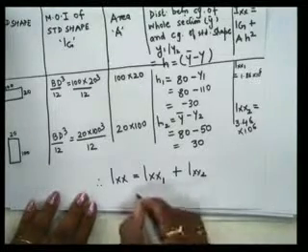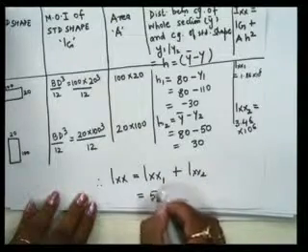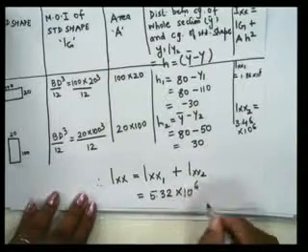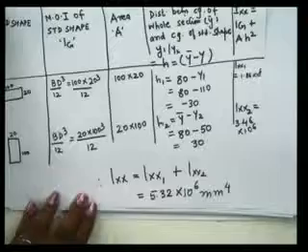Now that will give you the answer as 5.32 into 10 to the power 6. What will be the unit? mm to the power 4. Okay, so you have calculated the value of moment of inertia. So the second step is over. Now what is our third step?